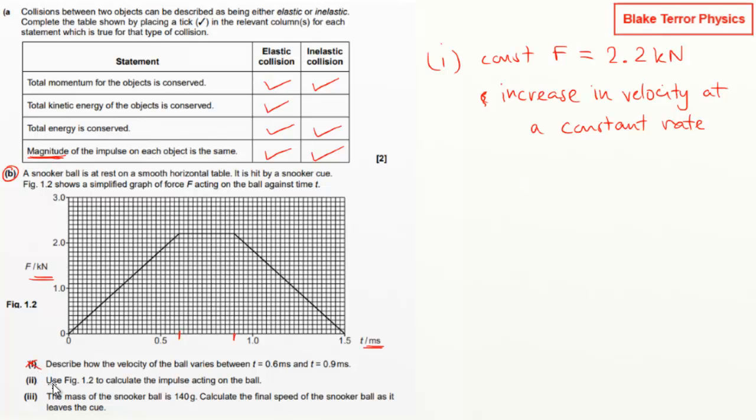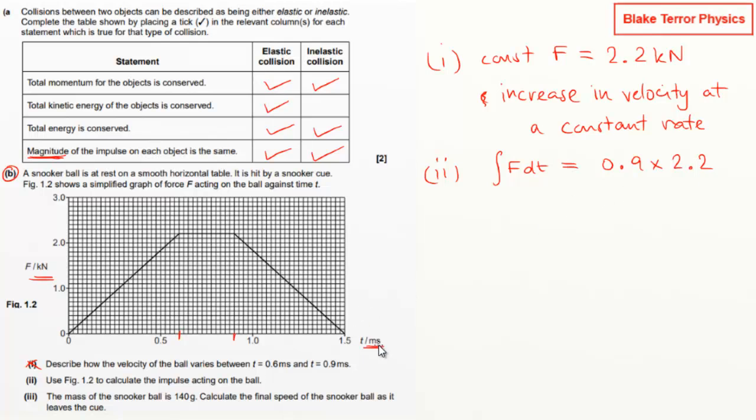Okay. Use figure 1.2 to calculate the impulse acting on the ball. So remember, our impulse is the integral of F dt. It's the area underneath the graph. Handily, they've made these triangular bits symmetrical, because we've got 0.6 going up and 0.6 coming back down. So we can just turn this into one single rectangle of 0.9 times 2.2.